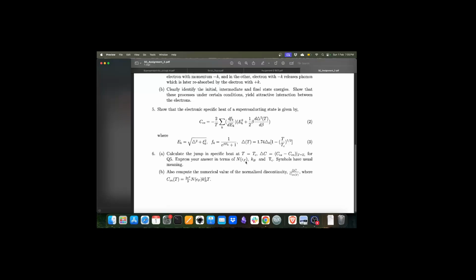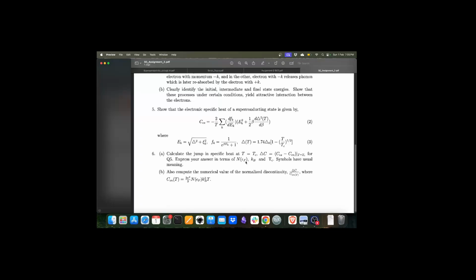So how do we determine the probability? The f_k function itself determines the probability of having electrons with energy E_k.